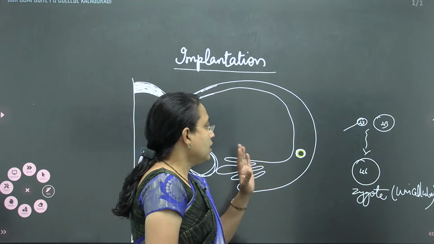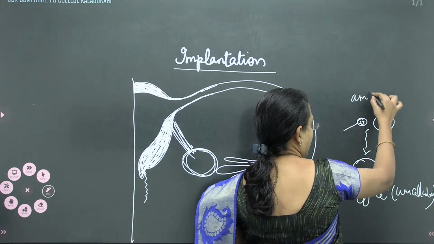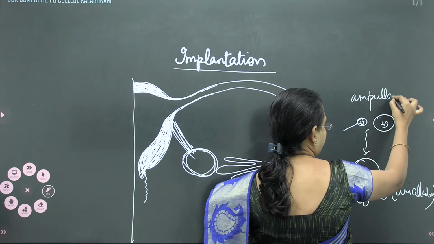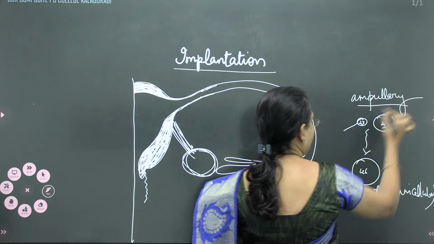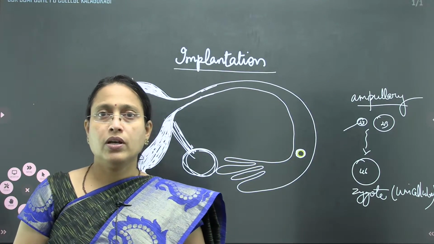Okay. So again, you should know that this fertilization is going to occur in the ampullary region of the fallopian tube.